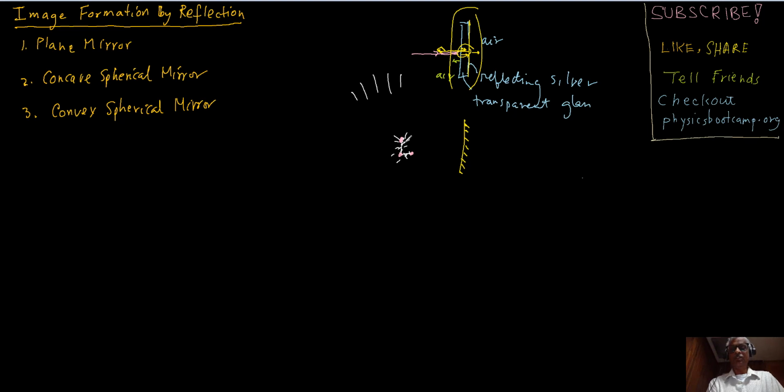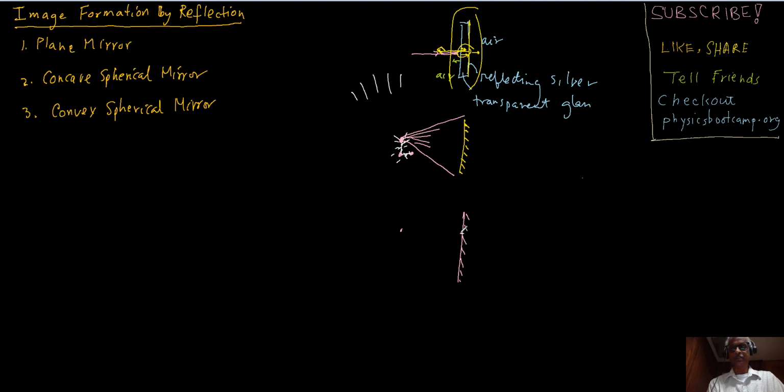So how do you find the image of 1 point? From this point, all the rays coming from that point will strike the mirror. And we need to know what happens to those rays. If I have a point and I want to know the fate of one ray, it's very easy.